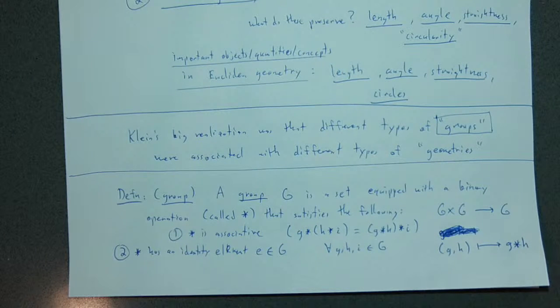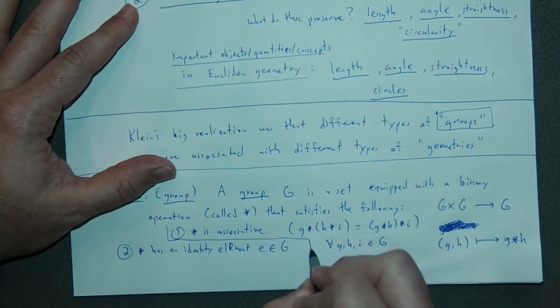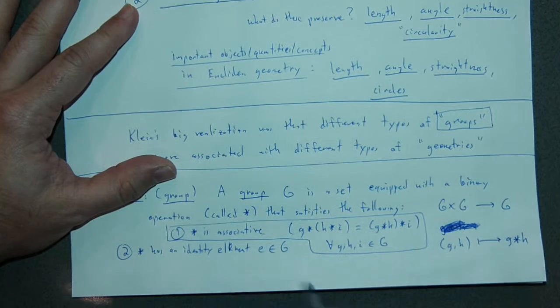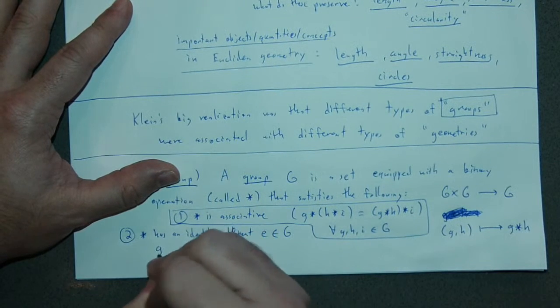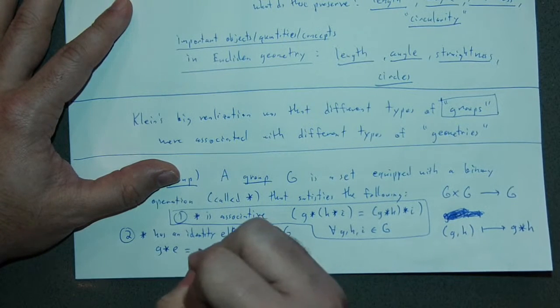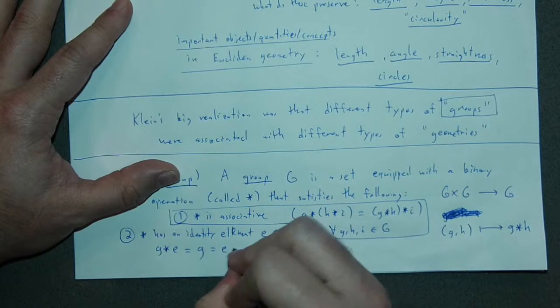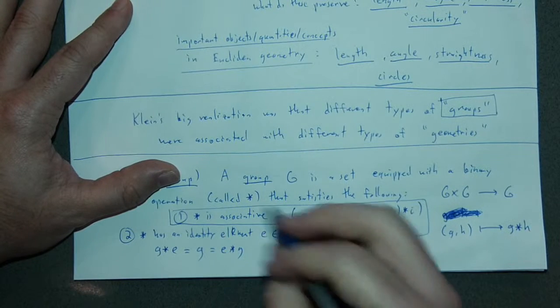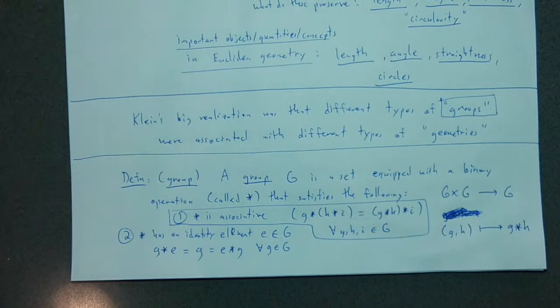So it has to have an identity element, and this identity element belongs to G. What does it mean for star to have an identity element in G? It means that G star E is equal to G, which is equal to E star G, and that has to be true for all G in G.